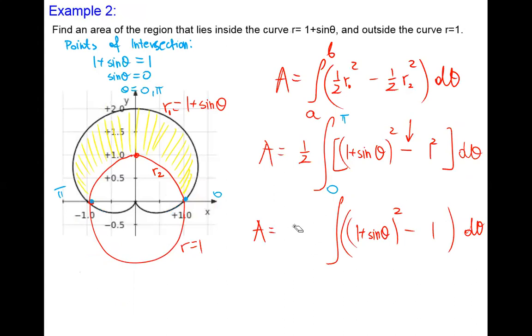That means I will still have 1/2 for now. And what do you think? If I use the symmetry, because we can see how the yellow region is nicely symmetric, how will my limits of integration change? Who can tell me? What new limits? From 0, right? From 0 to halfway. And what is missing?